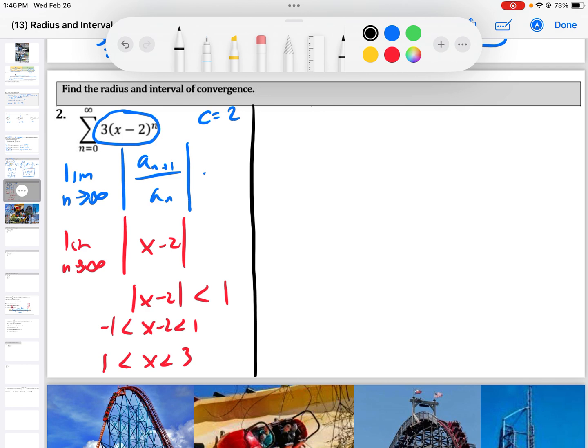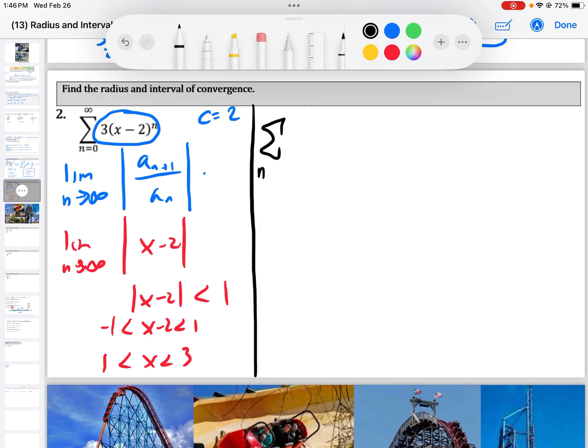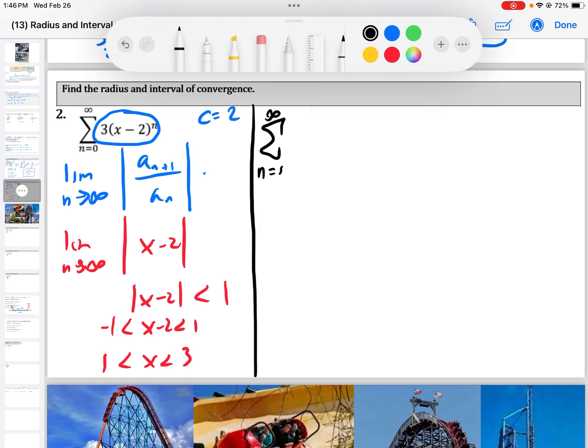And I want to demonstrate that on this one. So let's take some time and look at it. If I plug in a number between 1 and 3, it's going to converge absolutely, meaning it doesn't need the alternating series part to converge. So let's plug in 2.5.